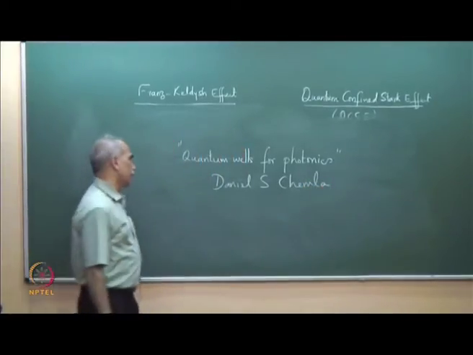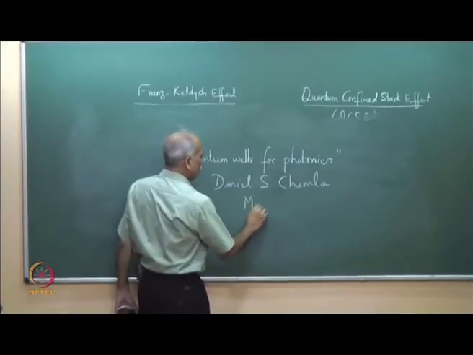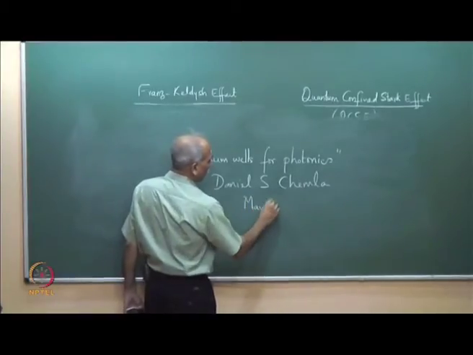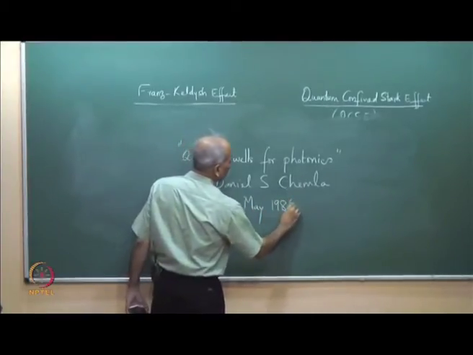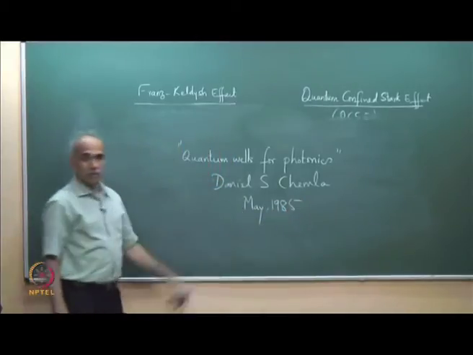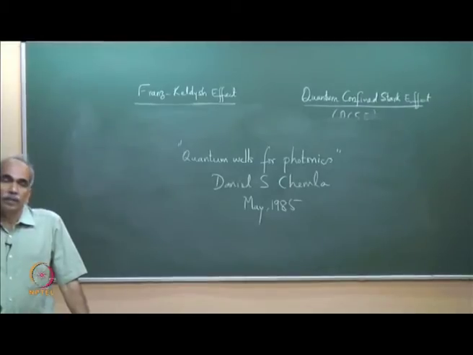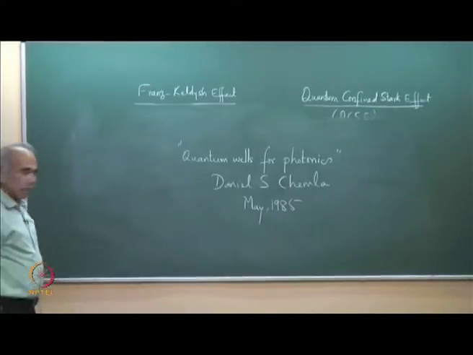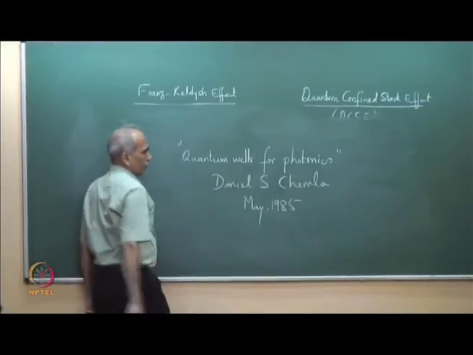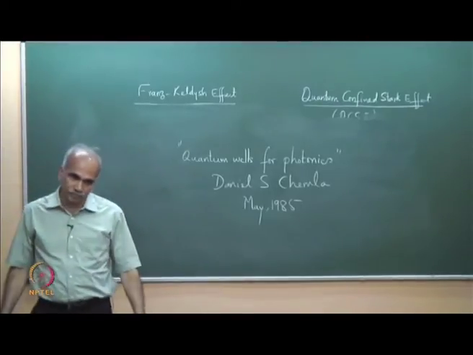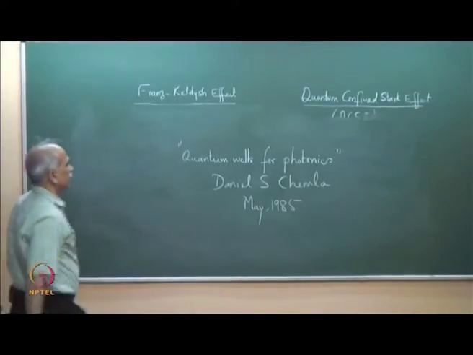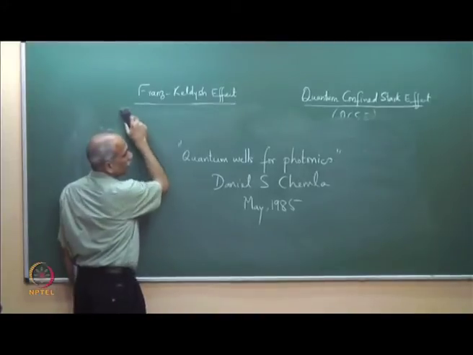This is a popular level article, May 1985, easy to understand. It is a very old article, 25 years back, but still very nice and relevant. The concepts are given very nicely. Please see this article, it is quite nice.